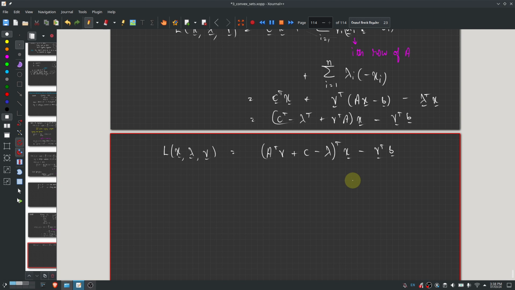Now what will the infimum of this particular quantity be equal to?